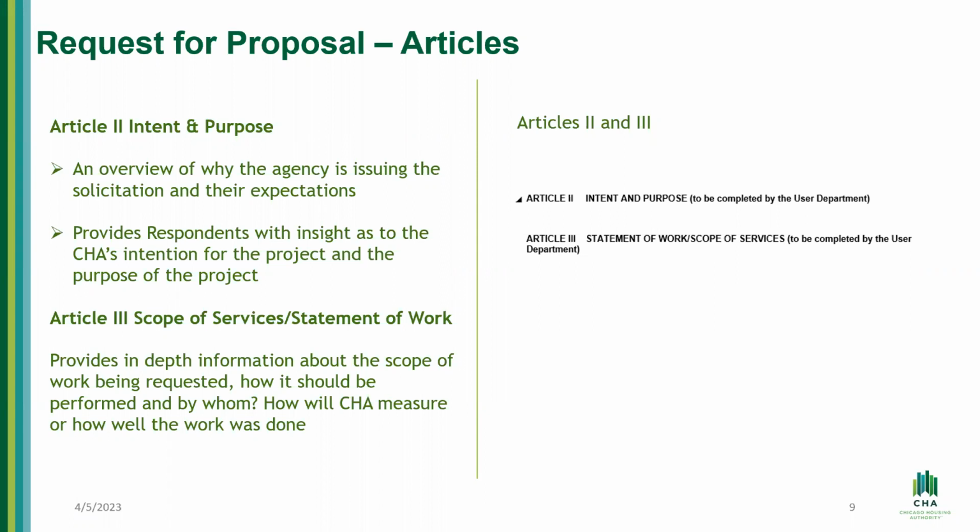Okay, so there are two parts that I personally always recommend the vendors read in the solicitation. Pretty much you have to read the whole package, the whole instructions, because it's very important to you in terms of responding to the RFP.